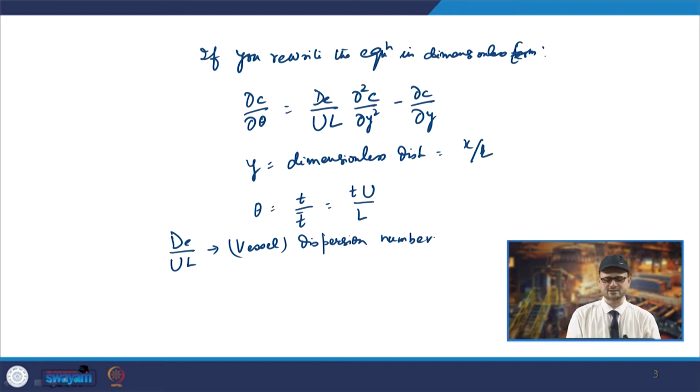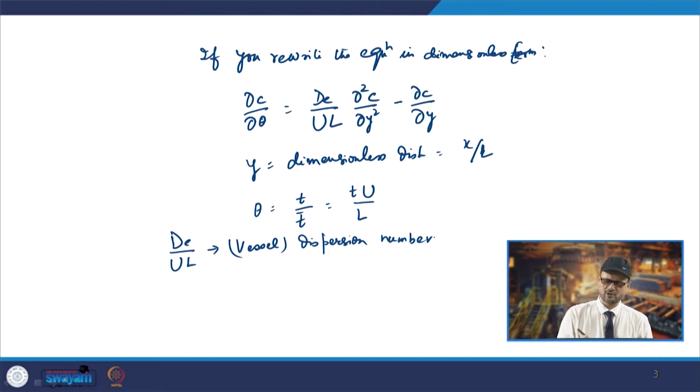This is nothing but the inverse of the Peclet number. In the Peclet number you have the ratio of the convection term to the diffusion term, whereas in this case you have the diffusion term to the convection term.